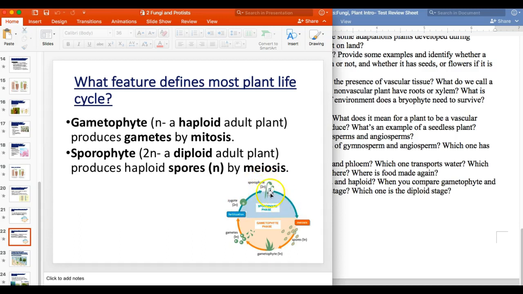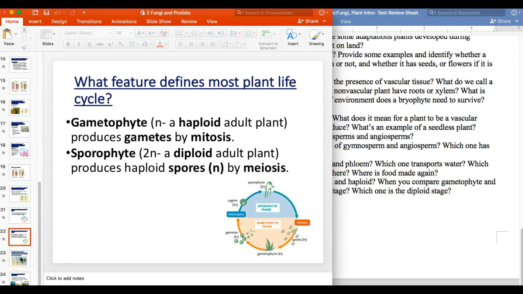The sporophyte can go through meiosis and produce spores, which are haploid cells. Those spores can develop into a gametophyte, which is the haploid stage of a plant. The gametophyte can then produce gametes, and then gametes can fertilize and produce a zygote again. So you can go through this cycle again.